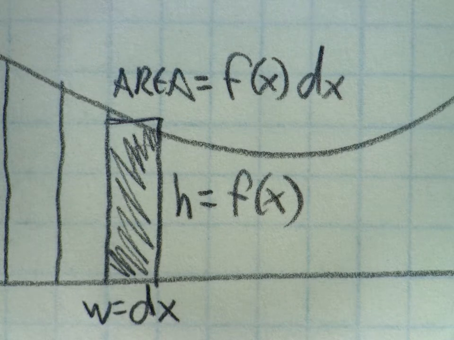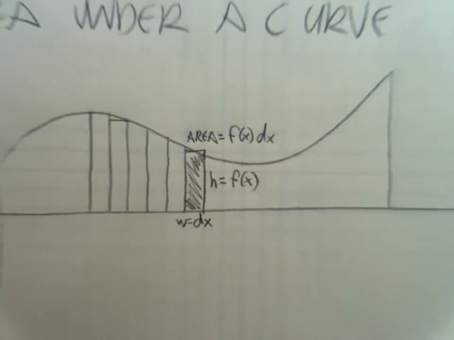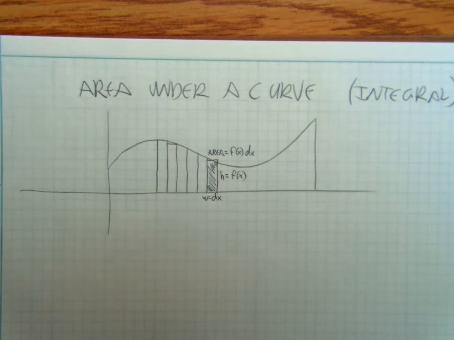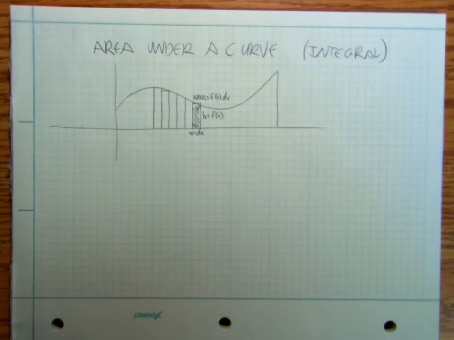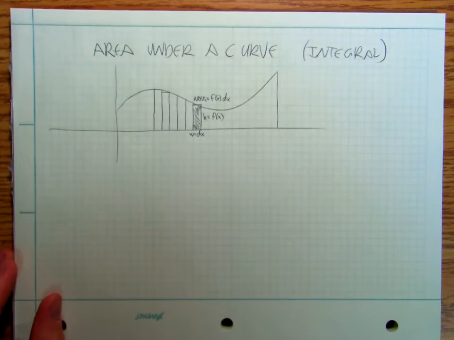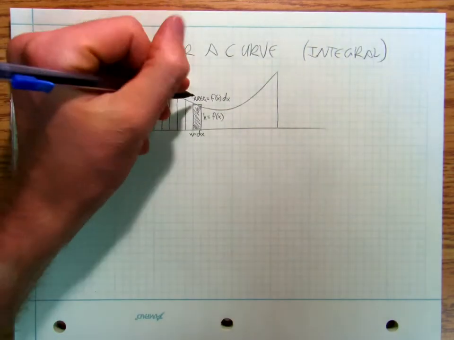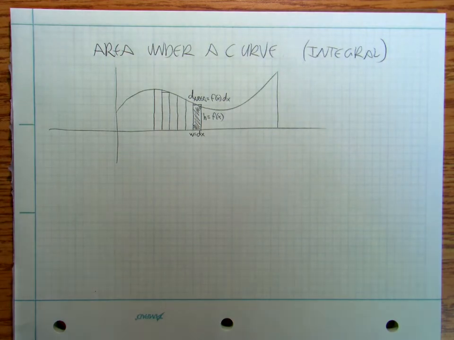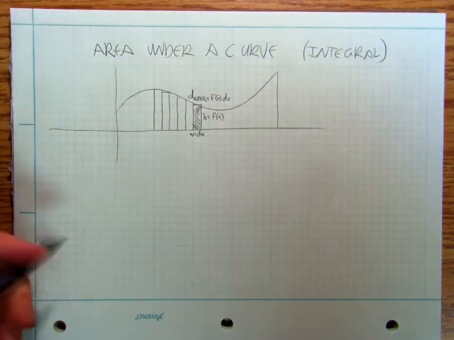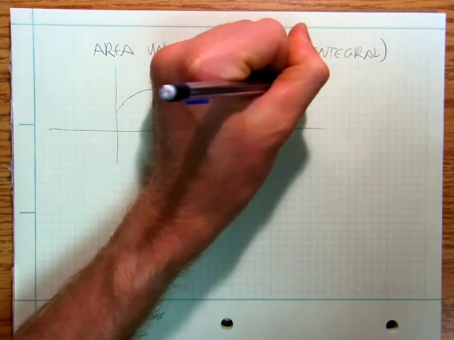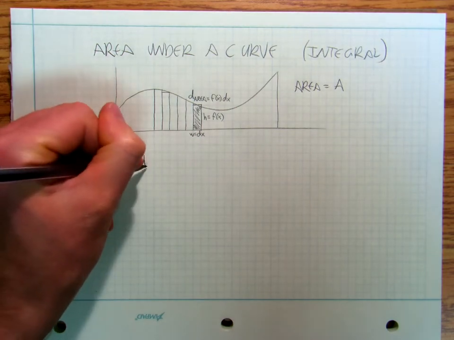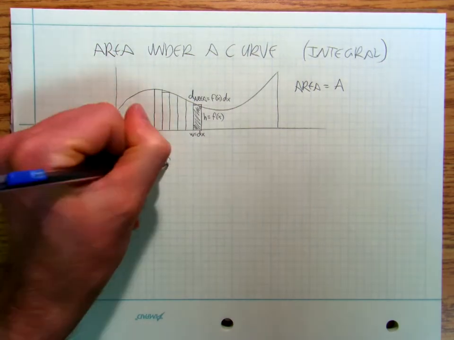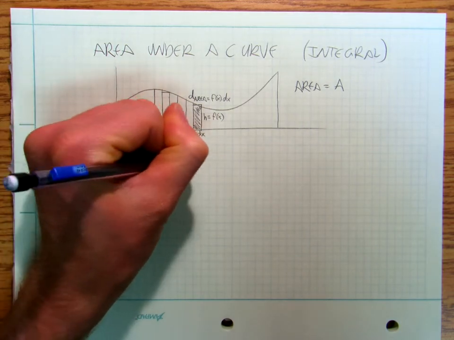Okay, so zooming out again. That's not going to give me the whole area. That's just going to give me a tiny little bit of the area, so I'm going to call that dA. I'm going to say area equals A, and so d of the area is equal to f of x times dx.